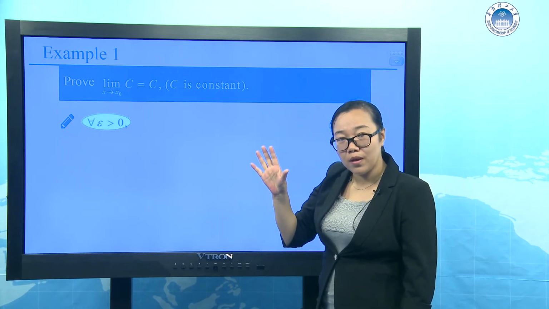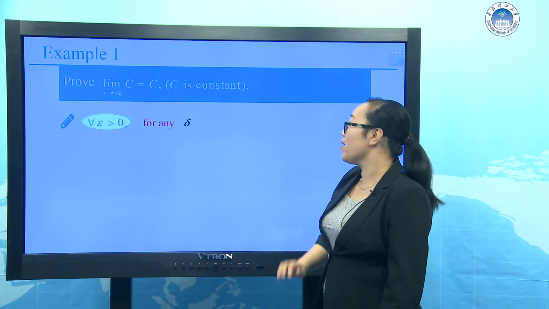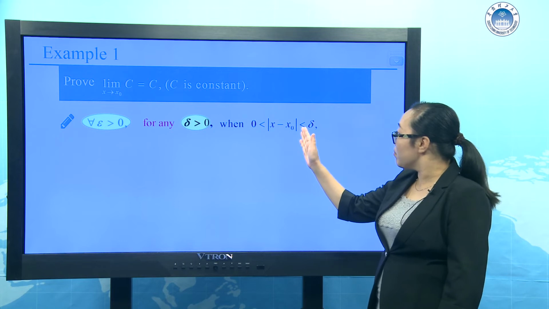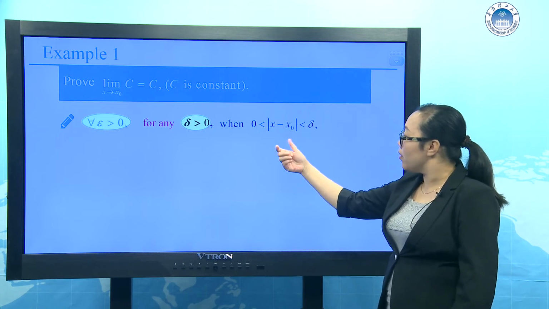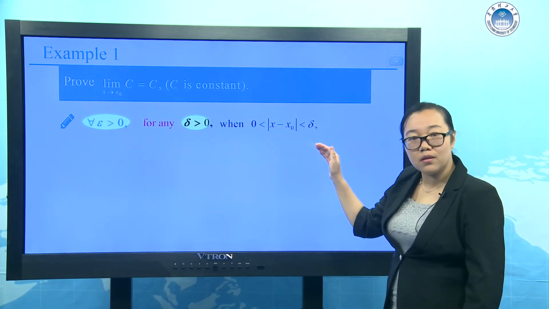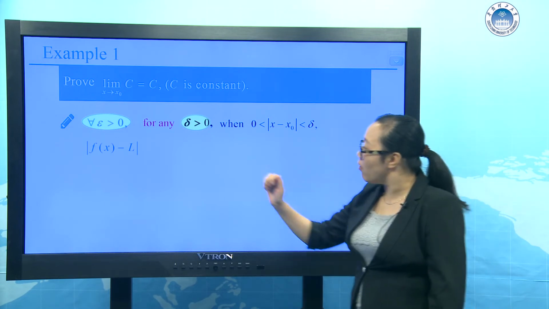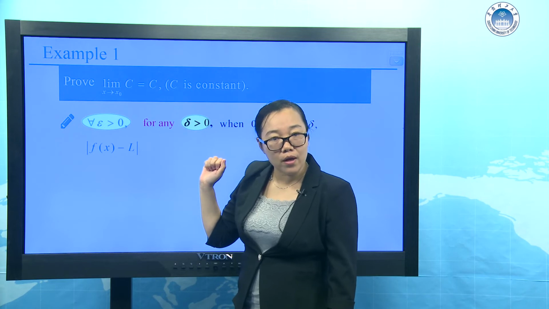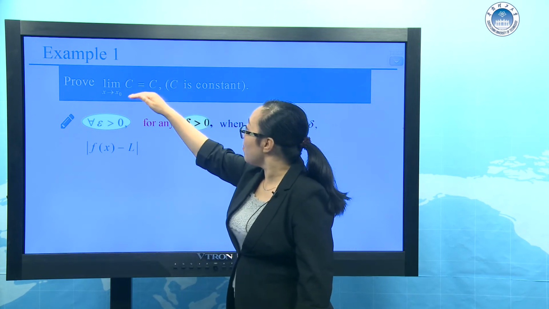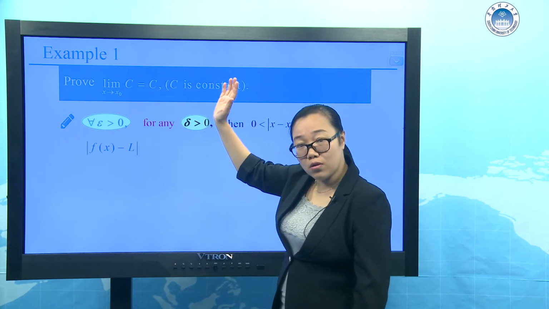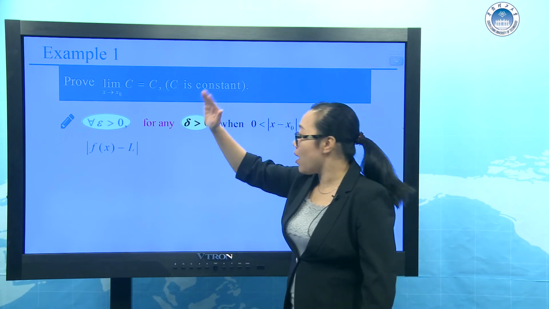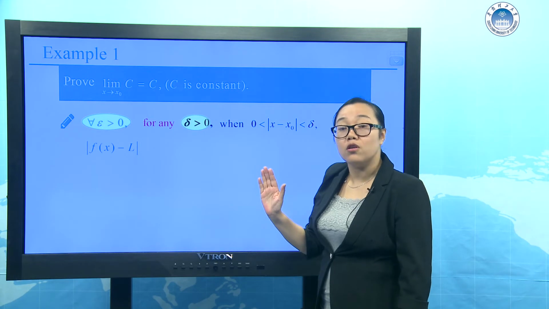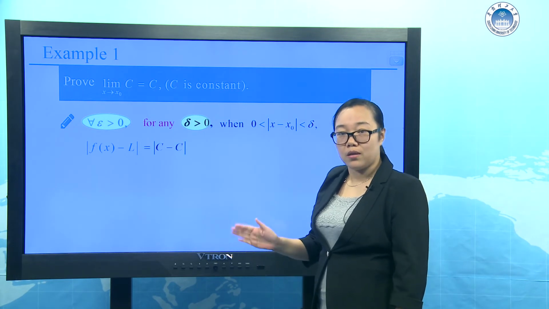How about delta? In this question, for any delta greater than 0, if x minus x0 absolute value is between 0 and delta, we always have the absolute value of f(x) minus L. How about f(x) in this question? In this special question, f(x) is c, L is the limit c, so it equals c minus c.